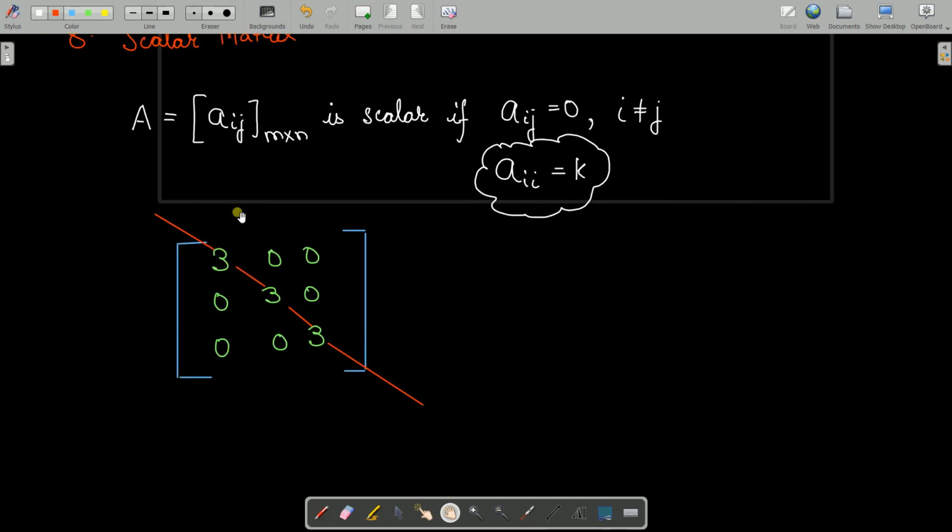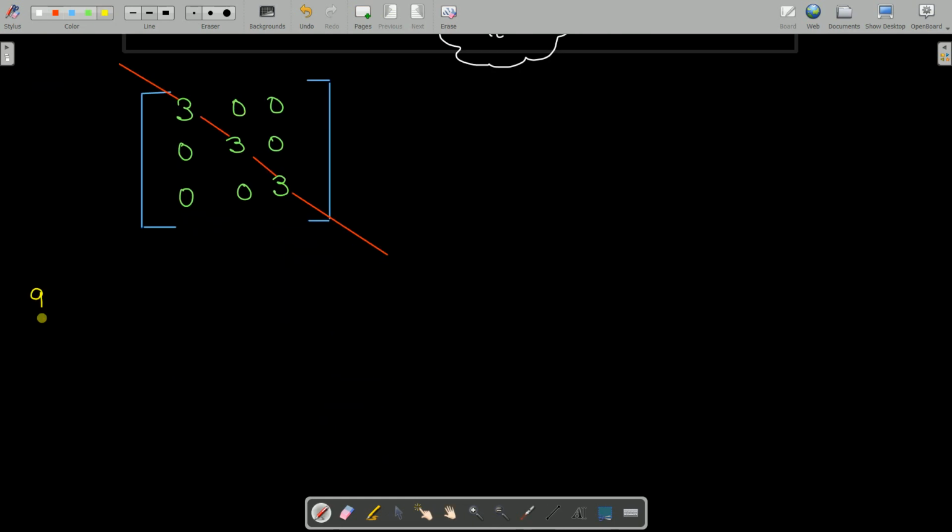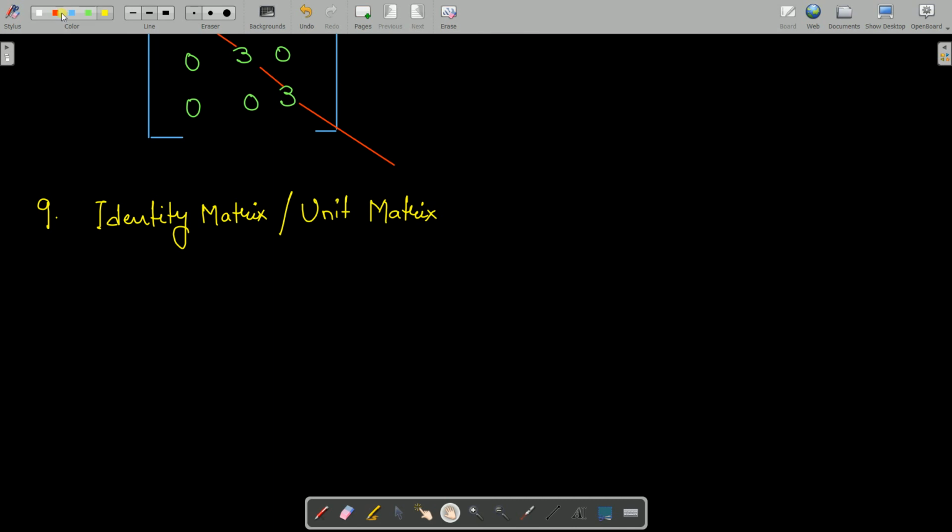Just a small modification inside, you can write number 9, an identity matrix. Identity matrix. This is also called your unit matrix. Very simple.